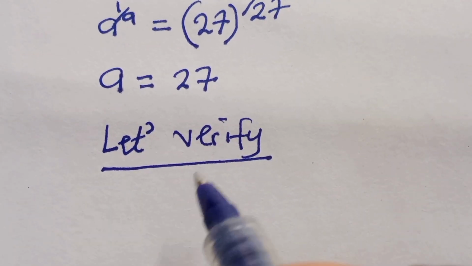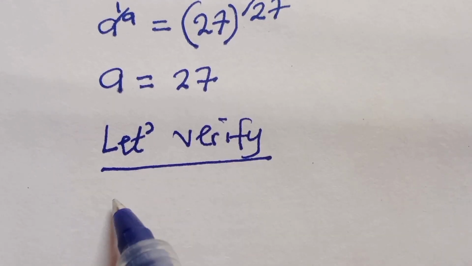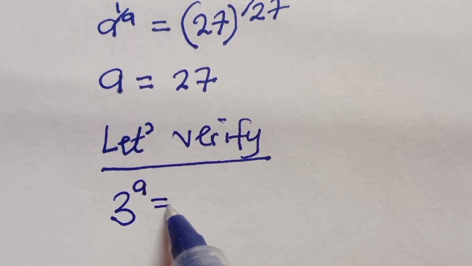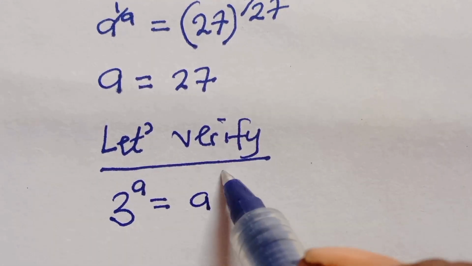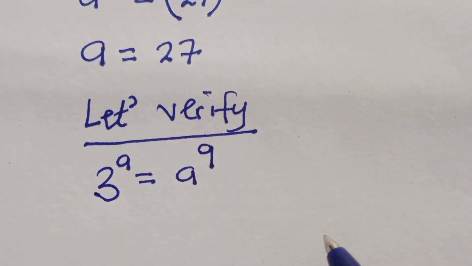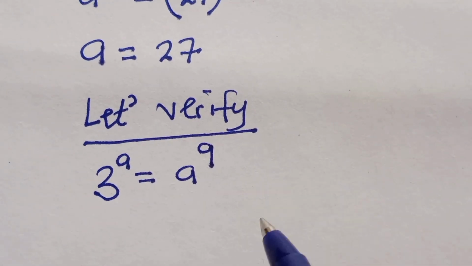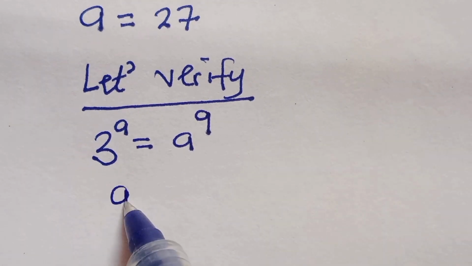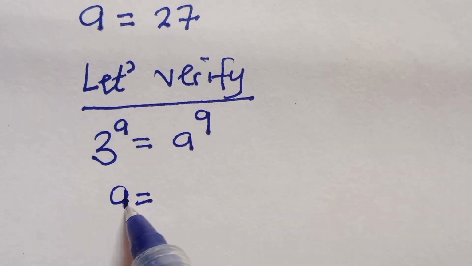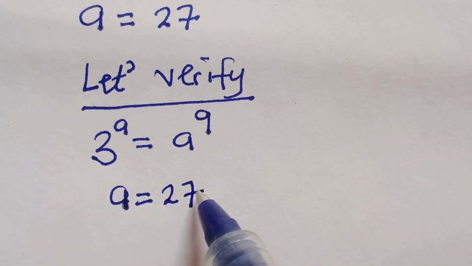From what we have been given as the question, we have 3 raised power a to be equal to a raised power 9. So since 3 raised power a is equal to a raised power 9, and don't forget our a that we've just gotten is equal to what? 27.